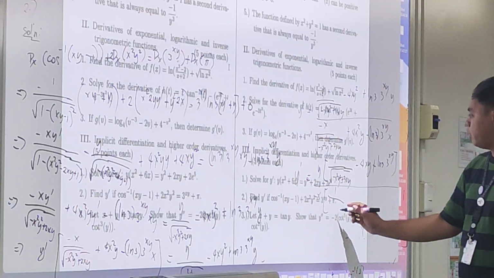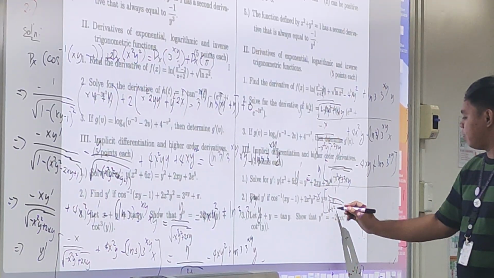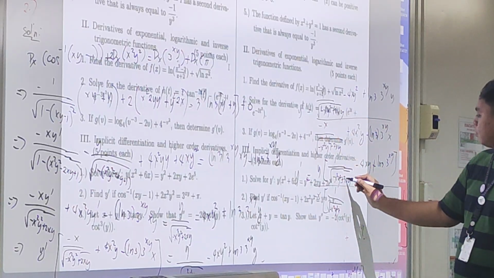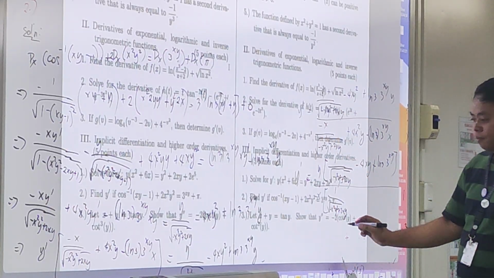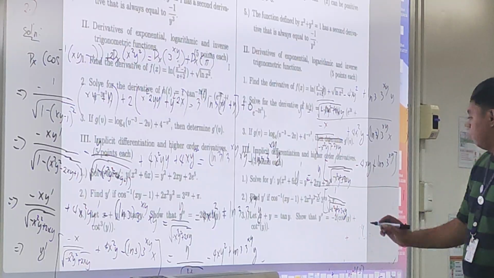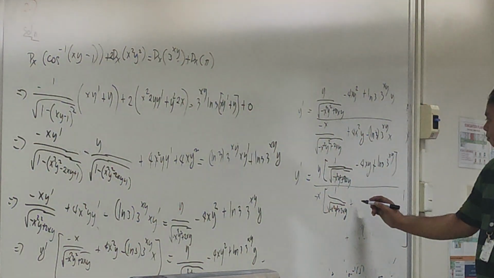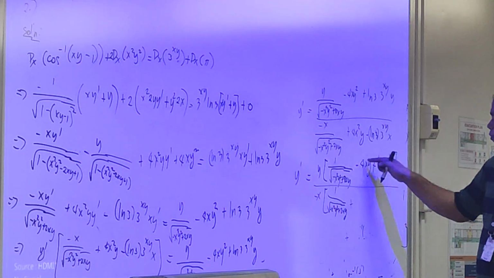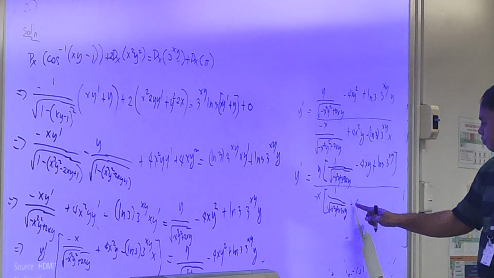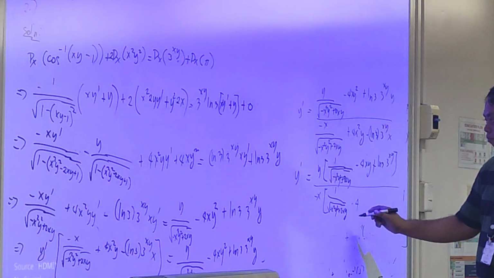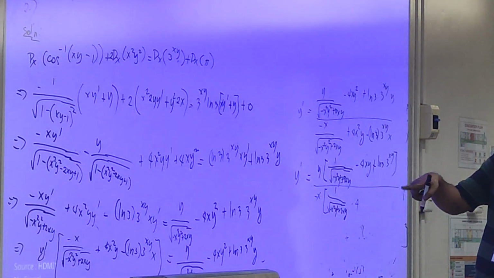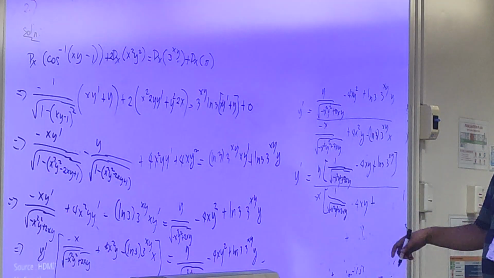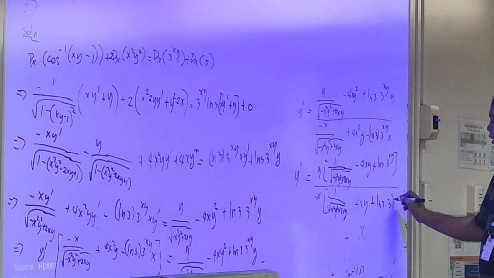So we have 1 all over the square root of negative x squared y squared plus 2xy, plus 4xy, no, minus 4xy, and then plus ln of 3 to the xy.